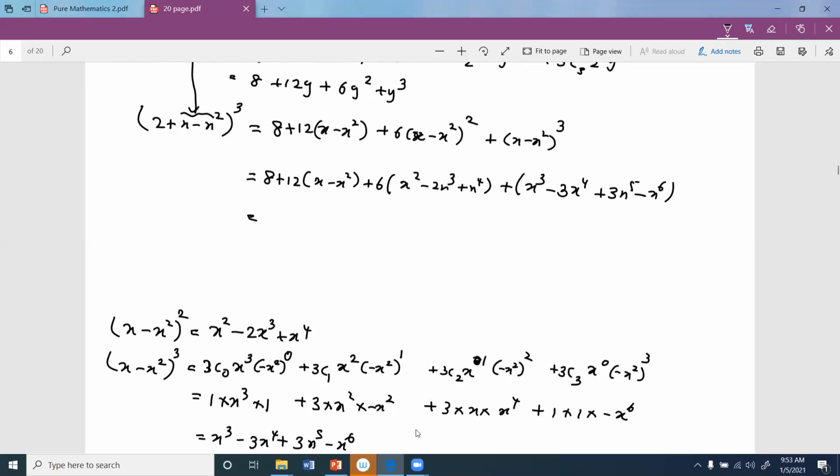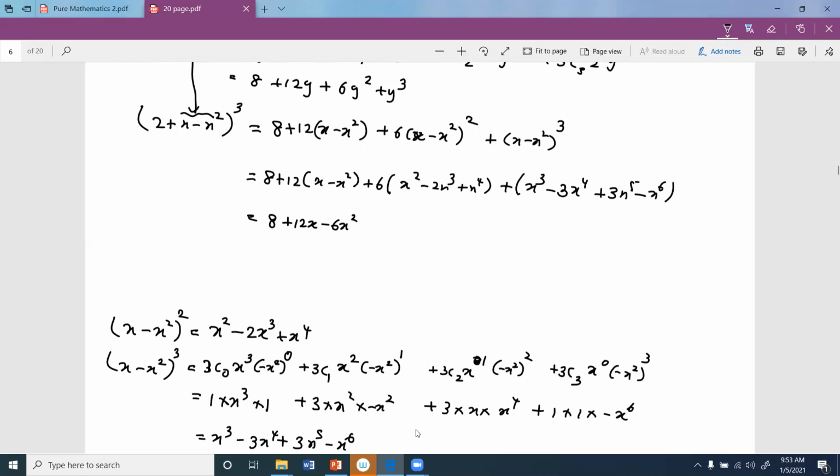Constant terms: only this bit, 8. There are no other constant terms. x terms: 12x, that's all. x squared terms: minus 12x squared. Now the x squared terms come with another plus 6, that is minus 6x squared.